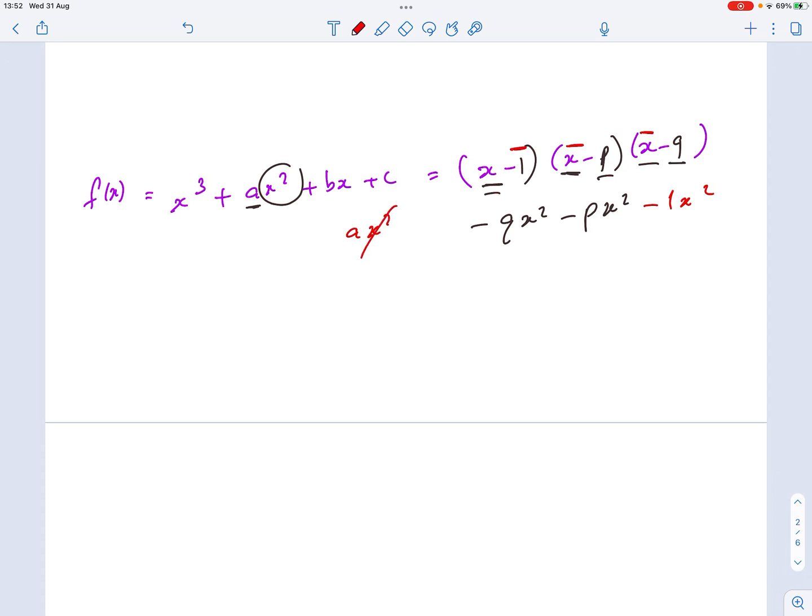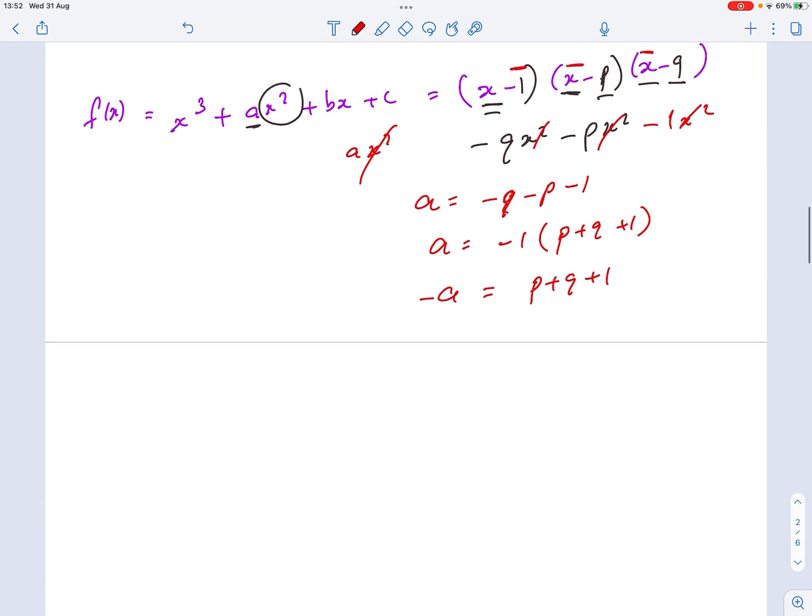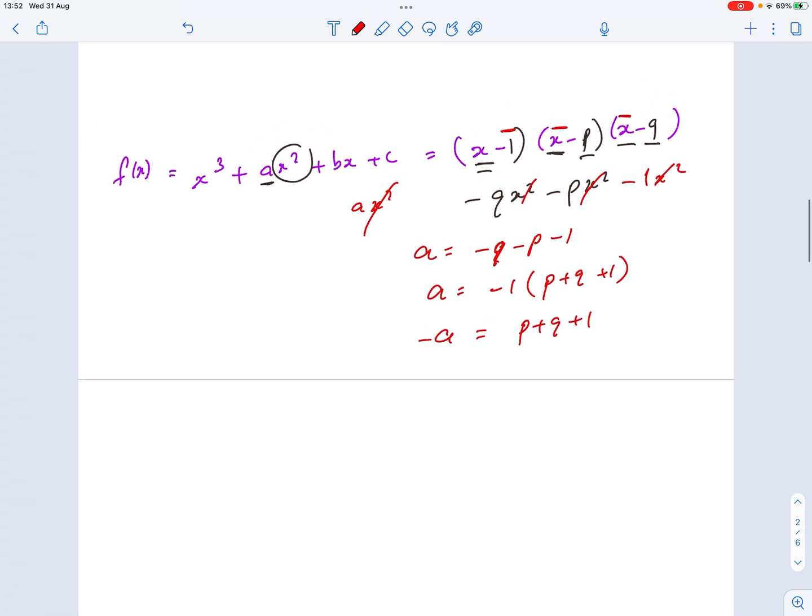So comparing with the left hand side, the x squares cancel. So that means a equals minus q minus p minus 1. Okay, I can factorize the minus 1 outside. p plus q plus 1. So this is minus a equals p plus q plus 1.